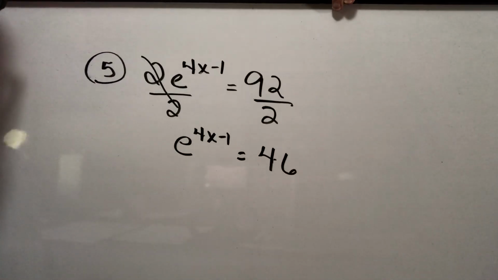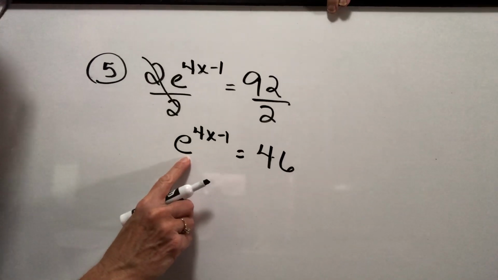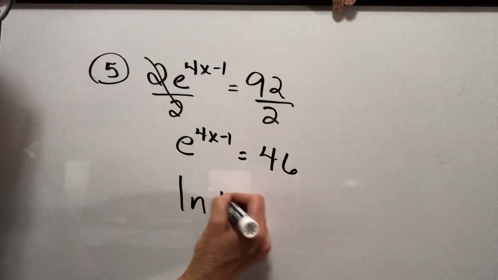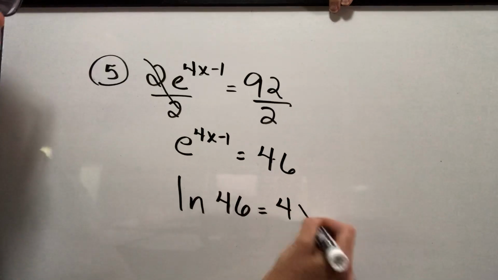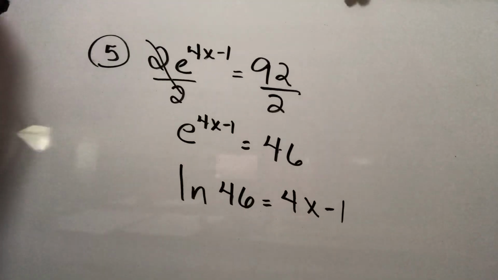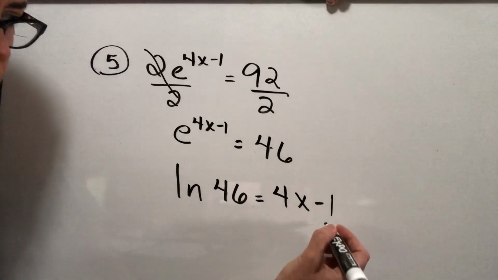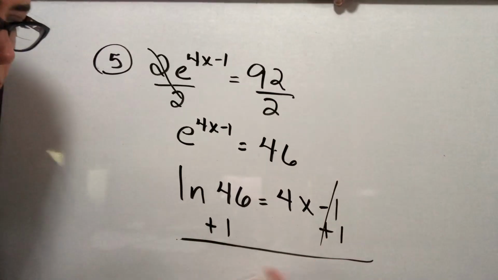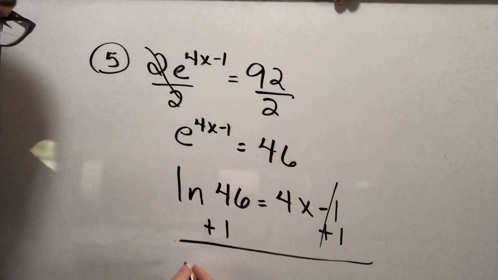Okay, so then we would go to using a log, and because the base is an e, I'm going to use a natural log. So it's ln. The number will be 46 that you take the log of, and that will be equal to 4x minus 1. Now it's not just an x over here, it's got the 4x and the minus 1, so you have to do a couple of things. So I am going to first of all add 1 to both sides. Now when you add 1 to this side, you don't add it to 46, it's going to be separate.